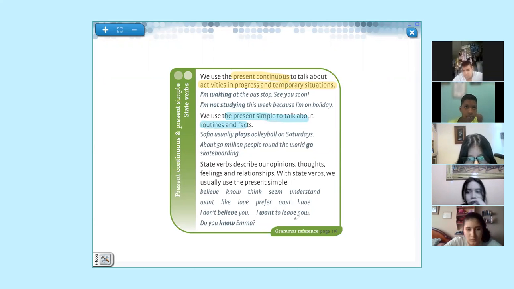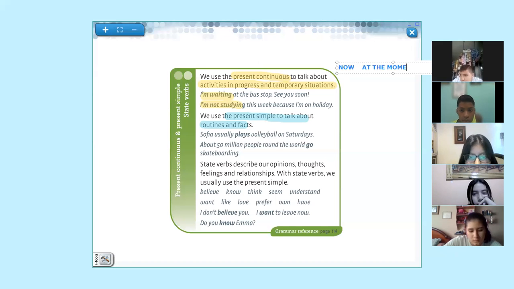Remember, the present continuous is always used for a moment and is formed with the verb to be and the ing form. Verb to be or not, and the ing form. And we have some expressions that sometimes we have to use. Remember that in the present continuous, you can use now, at the moment, okay?